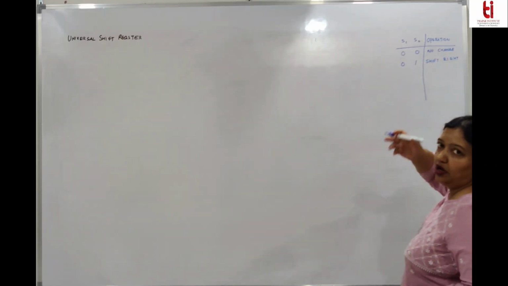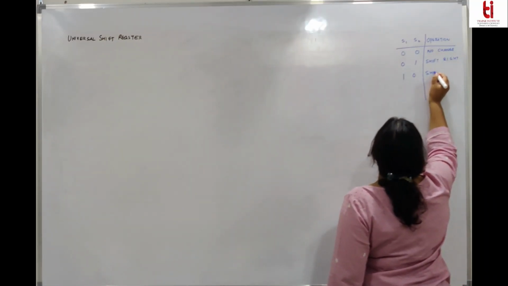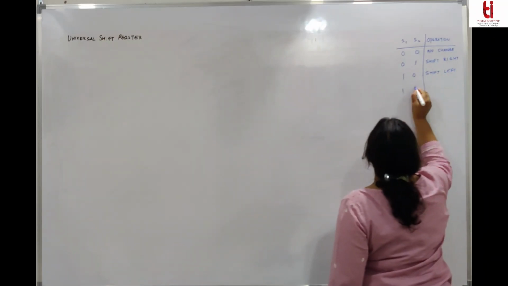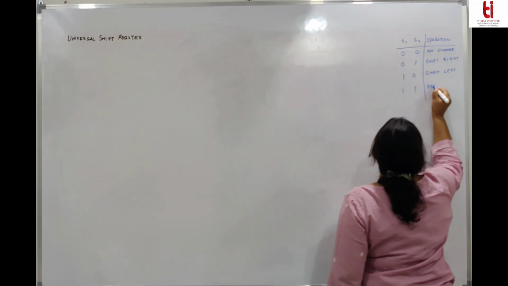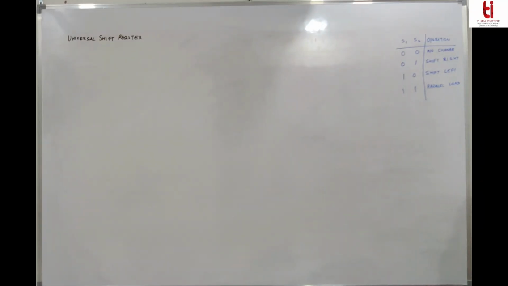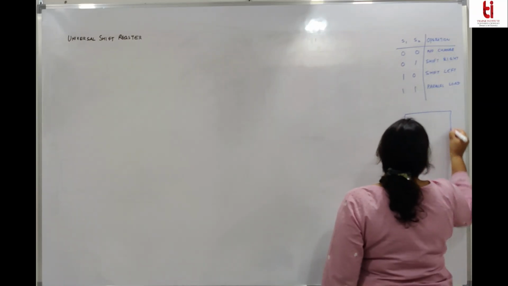It can be serially in or parallelly in. If it is 1, 0, it will be shift left. And if it is 1, 1, then load the data in parallel. These are the 4 operations to be performed. That means to perform these selections, you need a 4:1 multiplexer, which will be given to the input of the flip-flop.